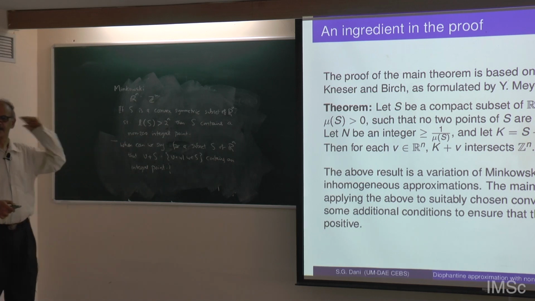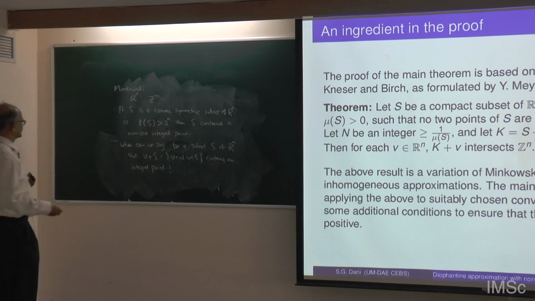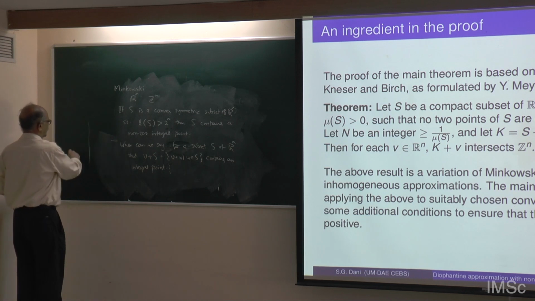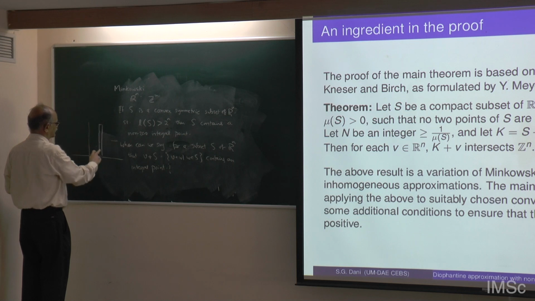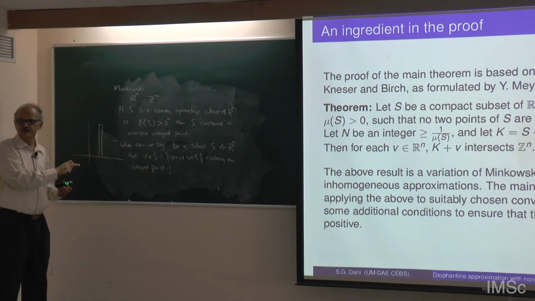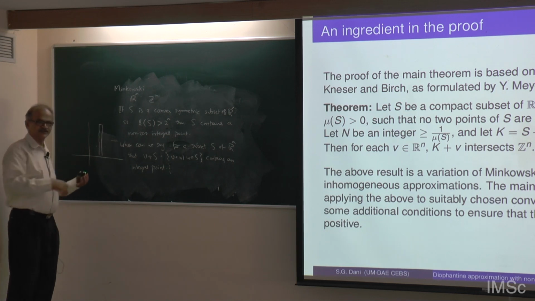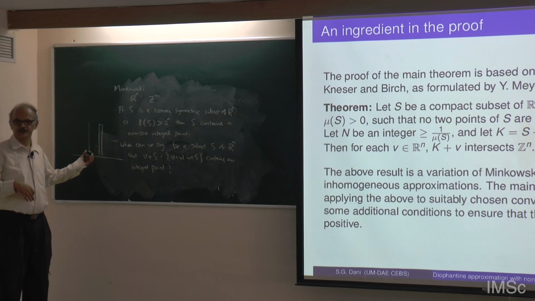No, I am not saying all subsets S will hold. But of course, if you have this is 1, 1, 2, 2, etc., in between these you can have convex sets of arbitrarily large measure which will not contain any integer point, right?